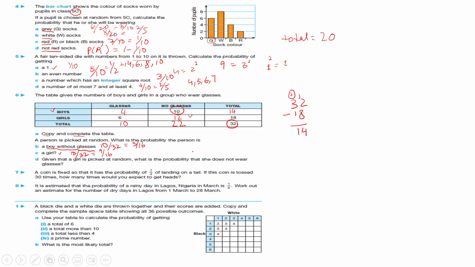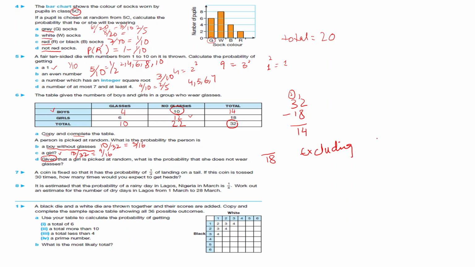Given that a girl is picked at random, when it says "given that", this is called conditional probability. Now, given that a girl is picked at random, your total should not be 32, the total should be 18, because you are excluding boys.